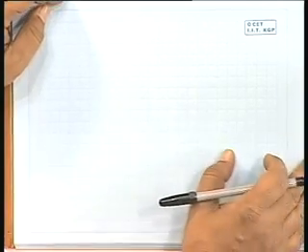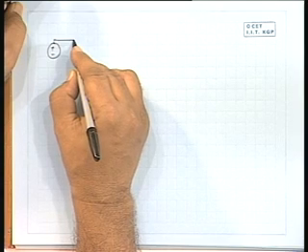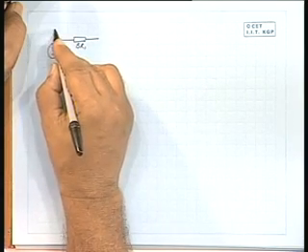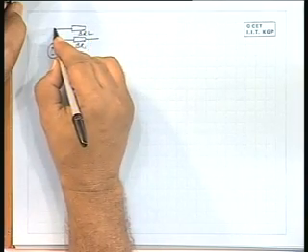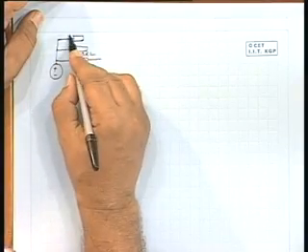Let us now consider a simple network where we can use this principle of parallel connections of voltage sources and current sources. All right. So, we have a network, I will just draw this. This is branch 1, this is branch 2, this is branch 3, and so on.